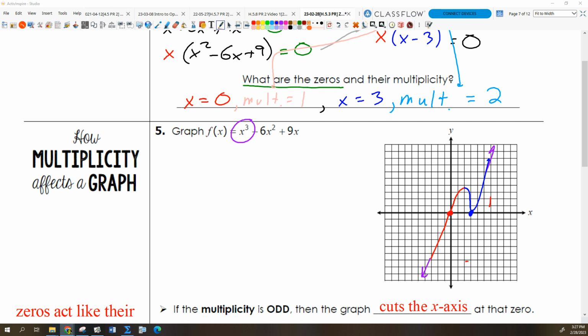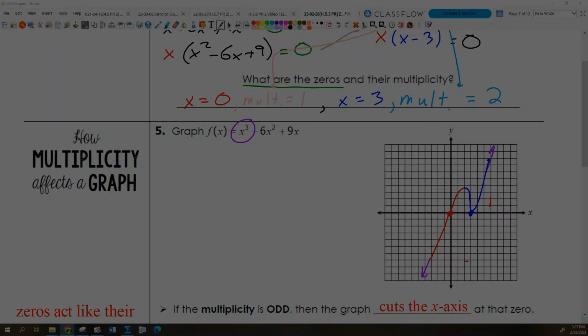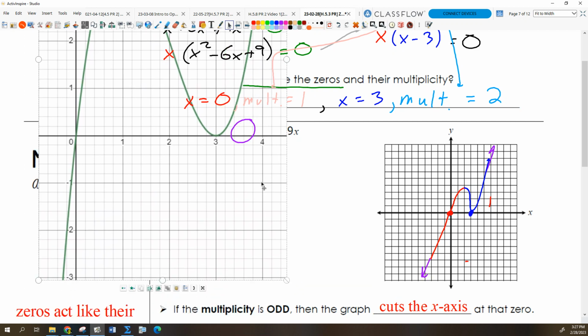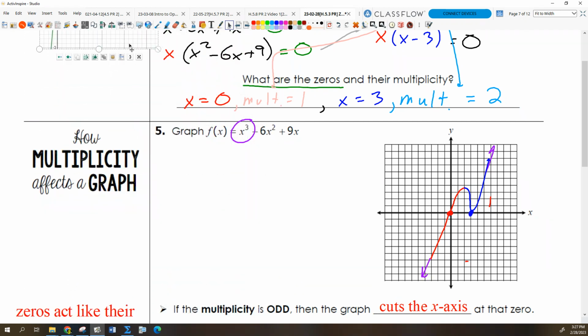If I graph f of x is x cubed minus 6x squared plus 9x, there it is.